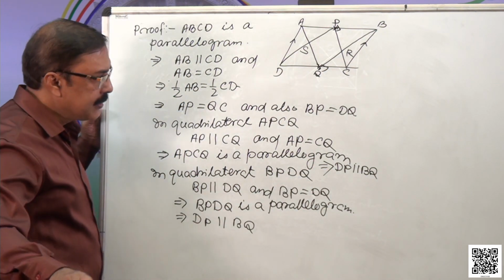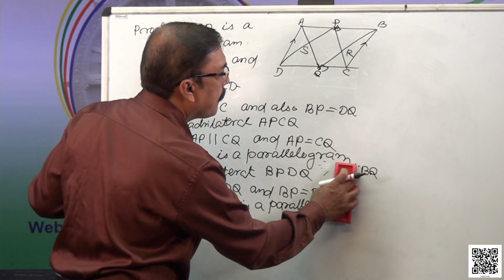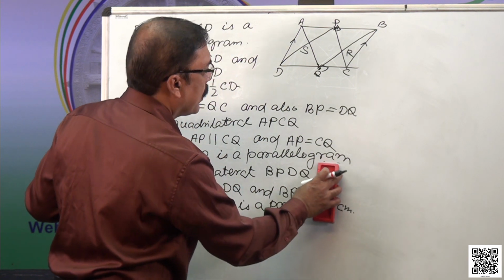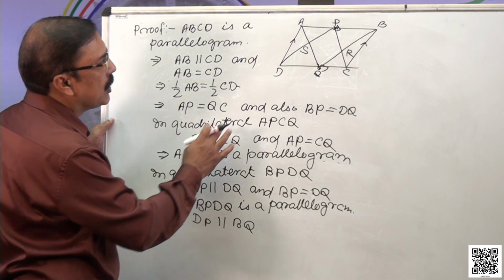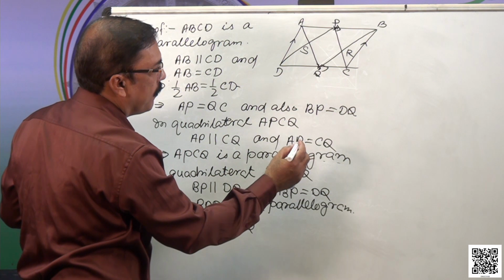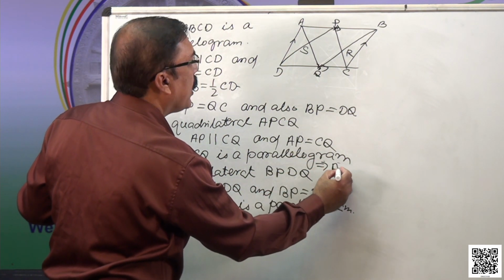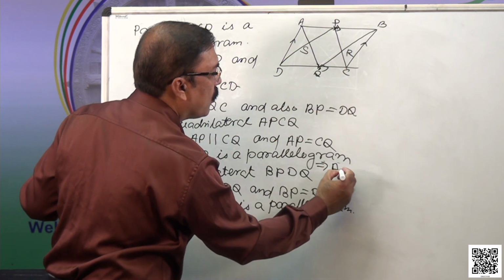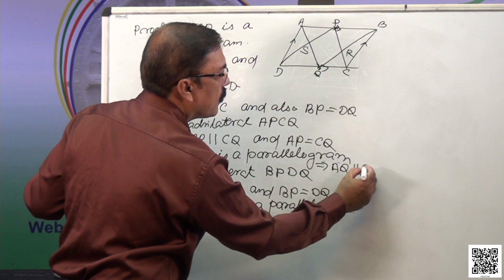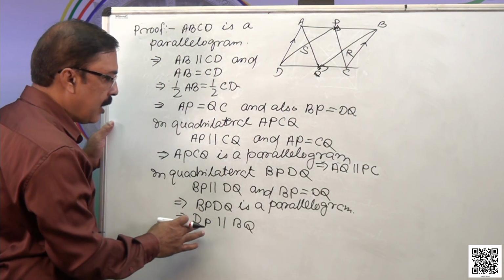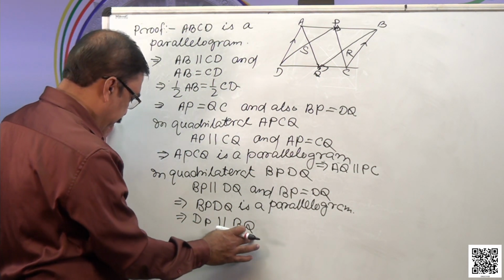In this case, as APCQ is a parallelogram, we can say AQ is parallel to PC and DP is parallel to BQ.